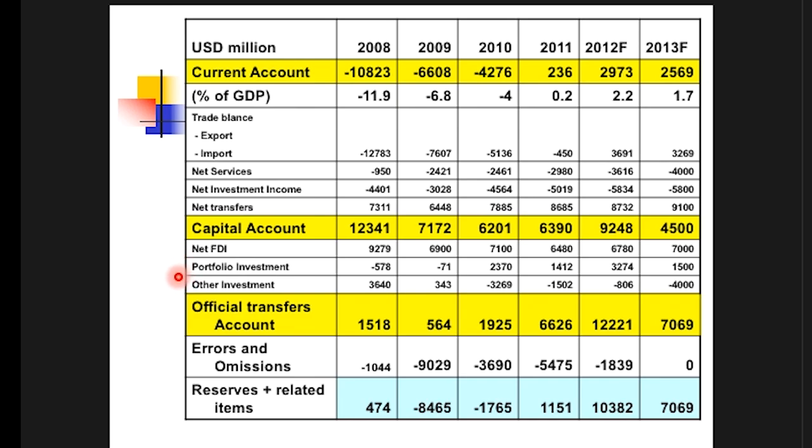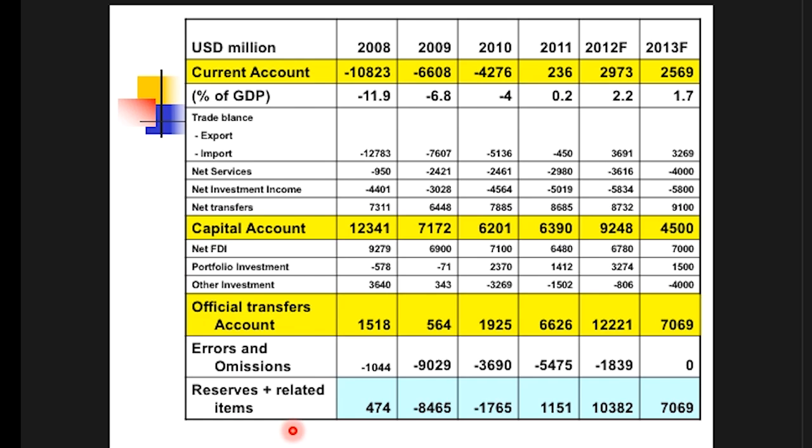We have three types of investment: net foreign direct investment, portfolio investment, and other investment, for example borrowing money. The third account is the sum of the first two accounts.